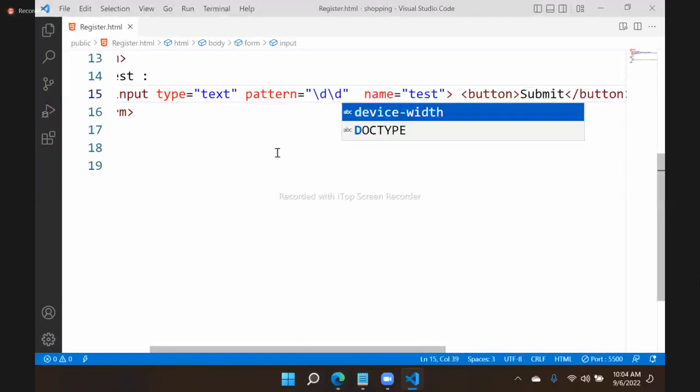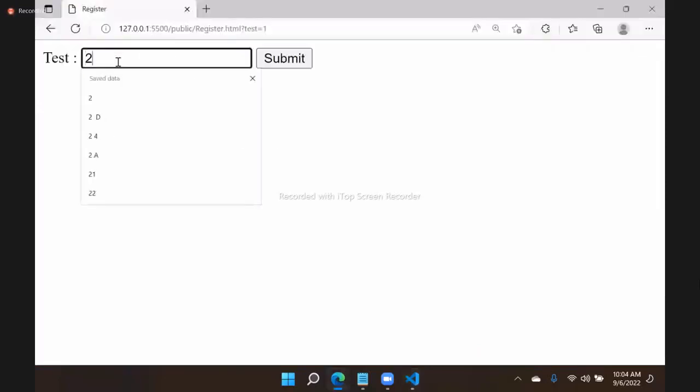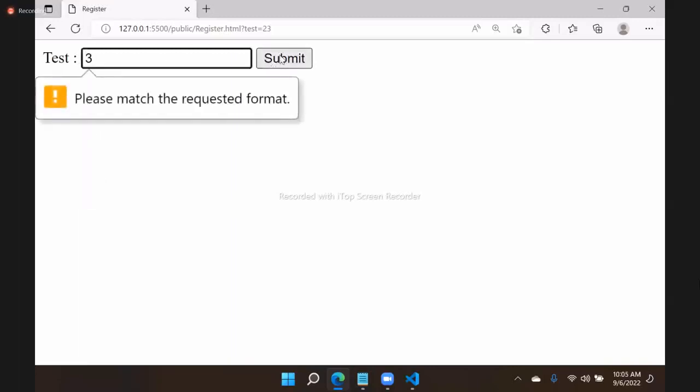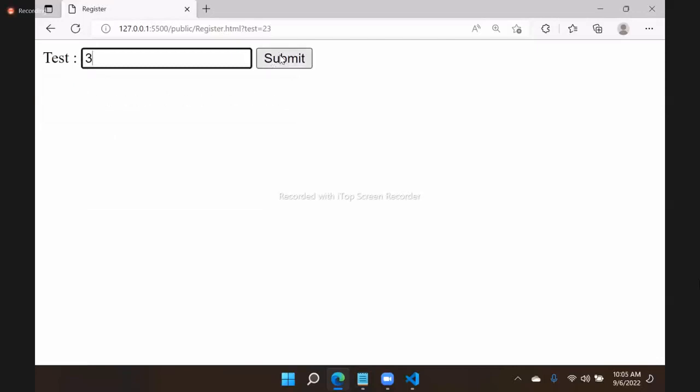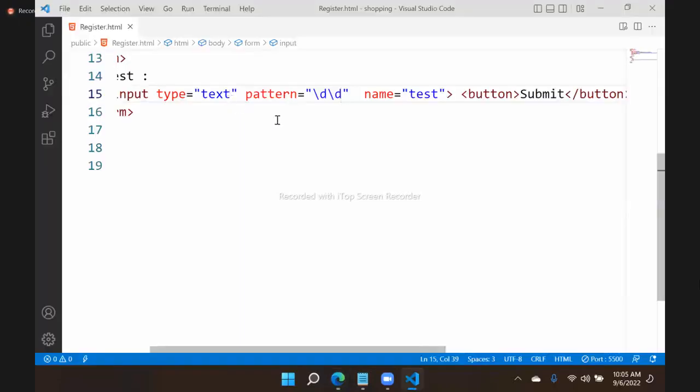That means exactly 2 digits, not less than 2 either. If you enter 22, it's allowed. Any 2 digit number. If you enter 3, it's not allowed. Exactly 2 digits, anything else is not allowed. Technically every character is compulsory.